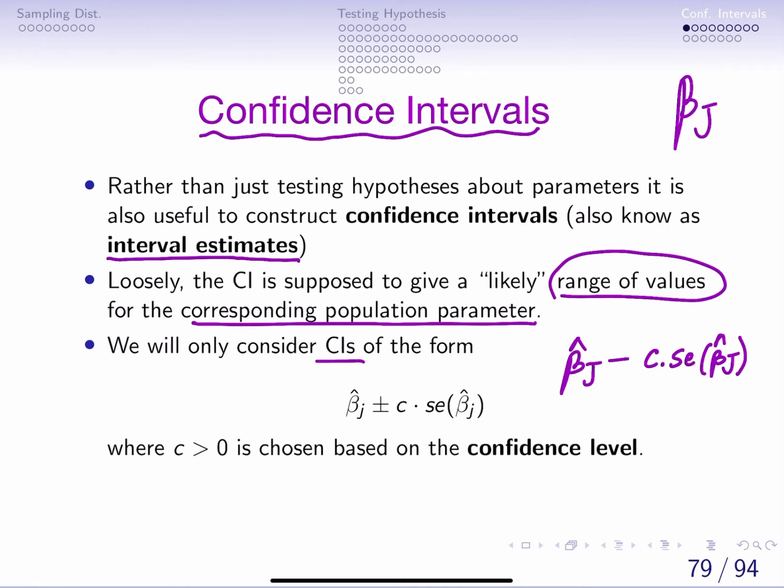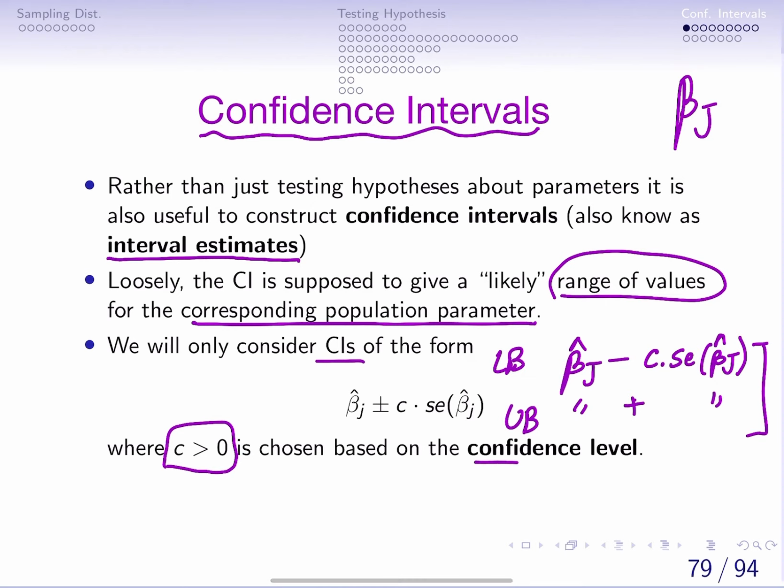Okay, this is our lower bound, and the upper bound is just going to be this expression, but instead of the negative sign, you have the plus sign. So you're going to have an interval of this sort. Okay, so this value of c is basically going to be chosen based on some sort of a confidence level.